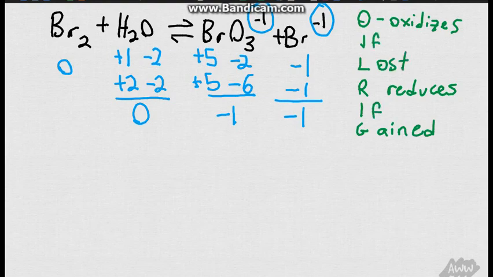So that's OIL RIG. So remember, electrons have a negative charge, so this one right here has gained electrons, which means it has been reduced.